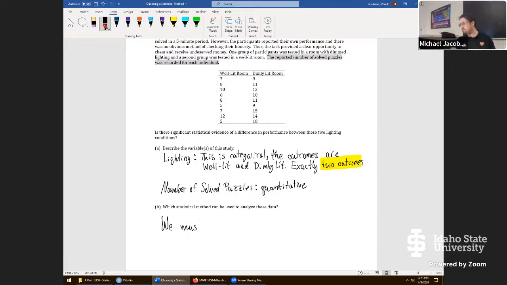We must use the two sample T methods of chapter 18. Again, it's only because of that right there that this is allowed to work for us.